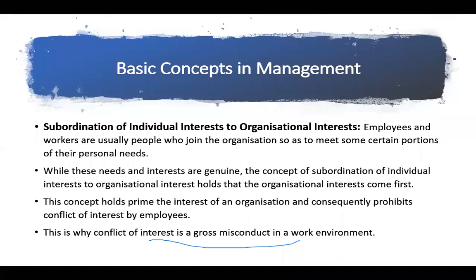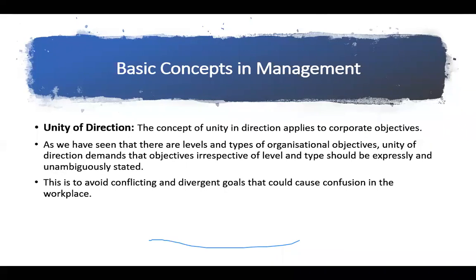The next one is subordination of individual interest to organizational interest. It naturally flows from the one we have mentioned before, which is unity of direction. Unity of direction is saying that everything done in the organization should be united, should be pointing to the corporate objectives of the organization or the entity.